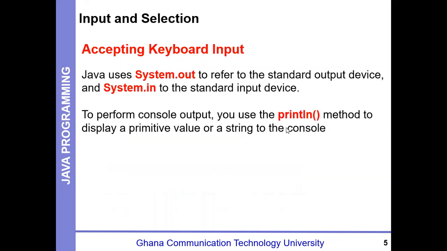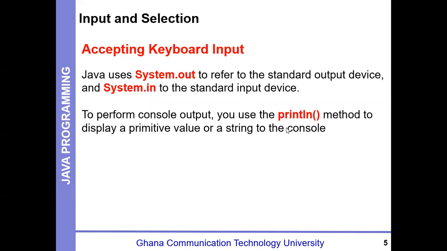So in this case, to accept keyboard input, we need another class and method that is embedded in Java already. We used the System.out when we are printing something onto the screen. And so now to take something from the keyboard into the program, we need another way of doing it.